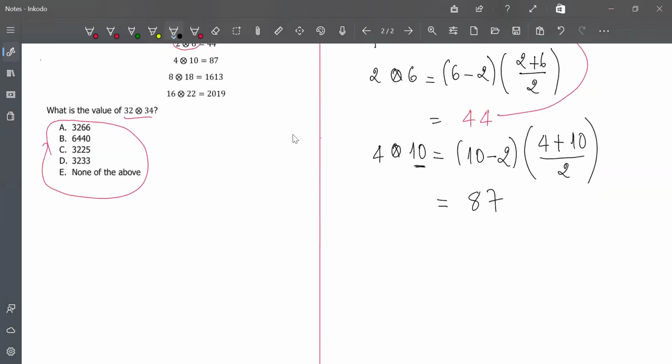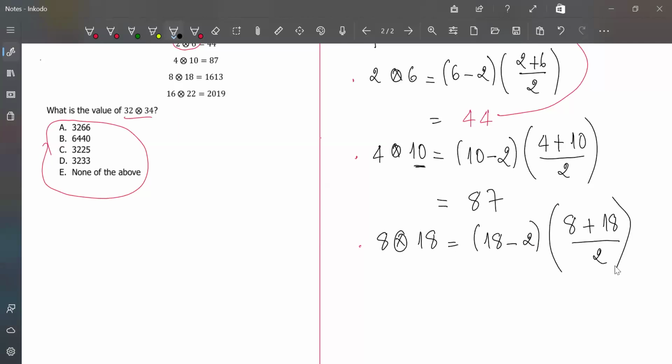The next one is 8 tensor 18. So we write like that: 18 minus 2 and 8 plus 18 over 2.